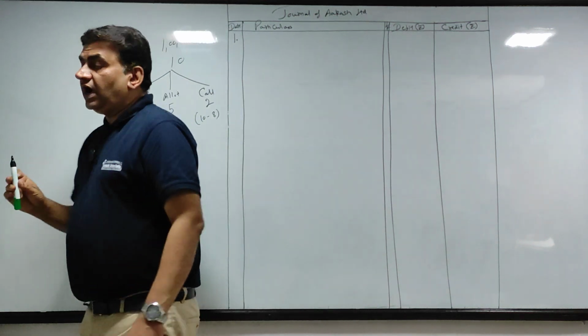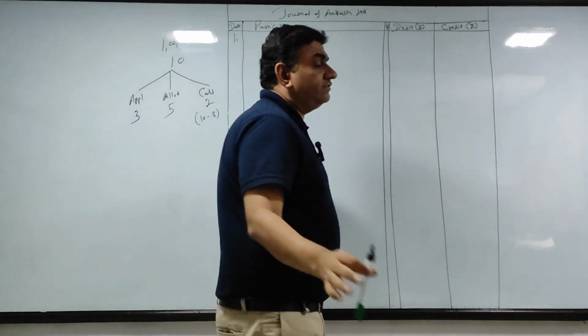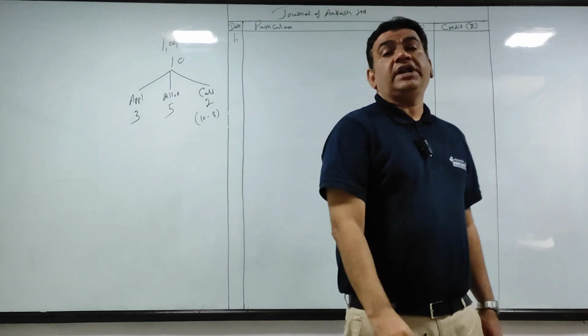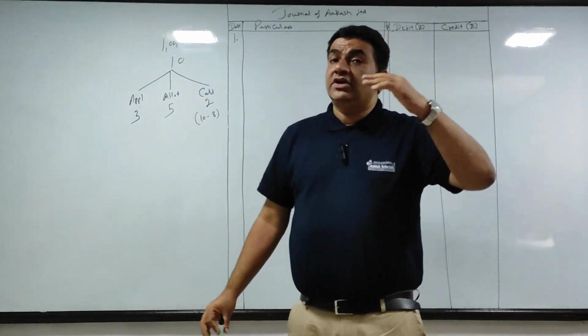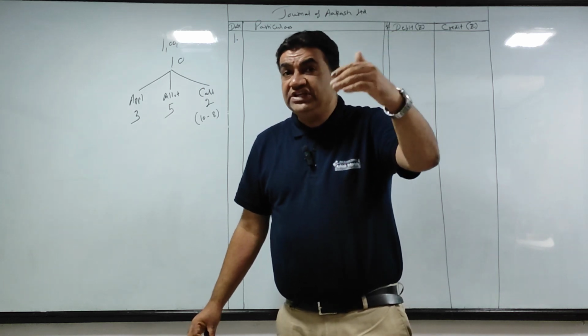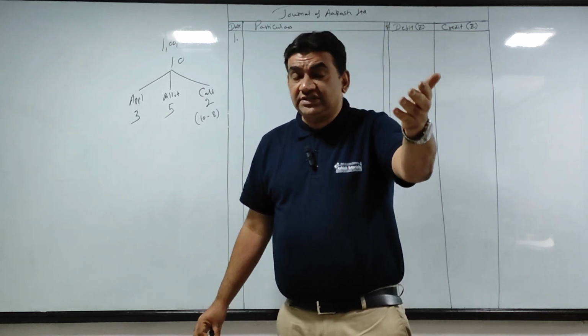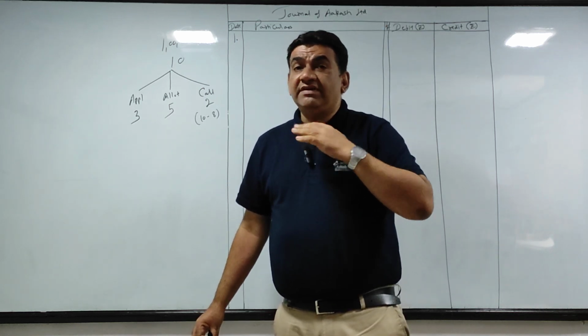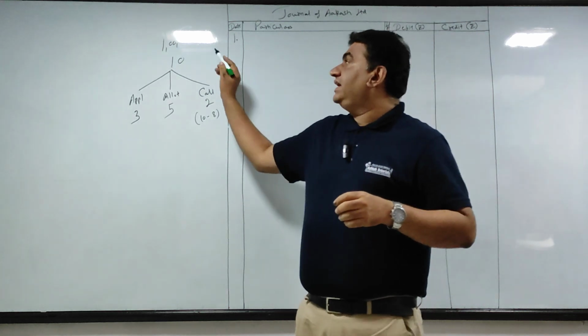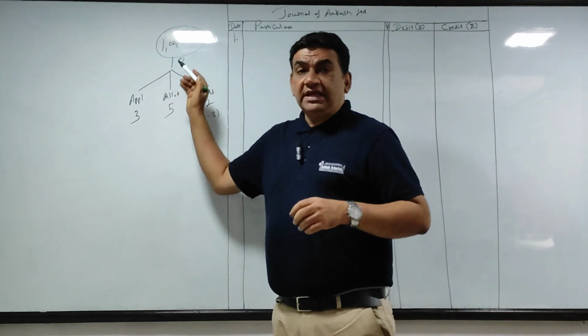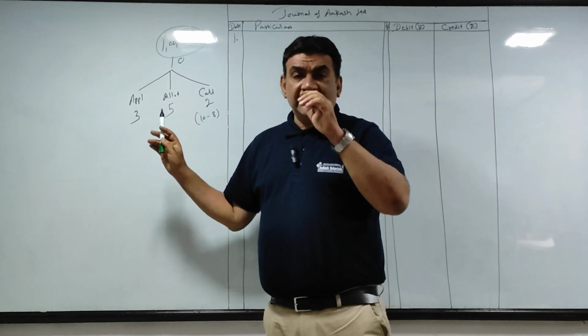Aakash Limited's first entry: they will come out with an IPO, initial public offer. People like you and me will apply. The company gets applications for 1 lakh shares. They want to issue 1 lakh shares, and they got applications for 1 lakh.